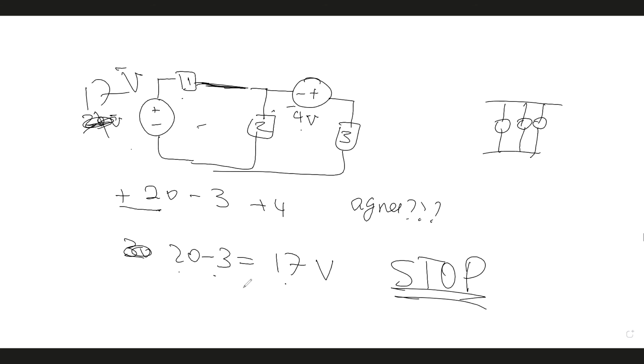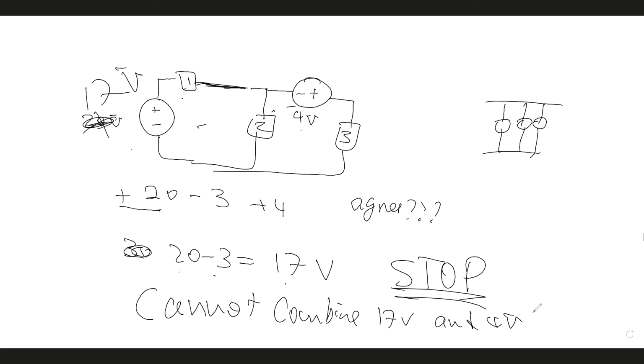If they are apart, if I had another one in series with this one, I could combine it at the other end. But I cannot combine 17 volts and 4 volts because they are not in series. Okay.